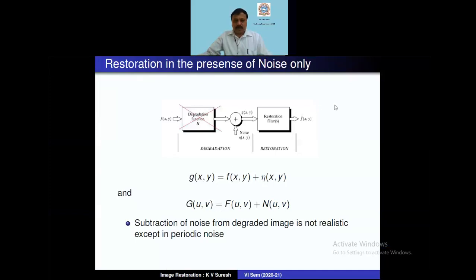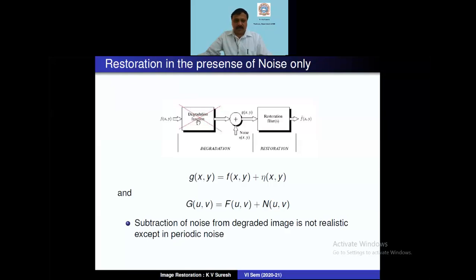So the first step is to start with... We will assume that the degradation function is in fact an impulse function. That means the point spread function of the degradation block is an impulse.